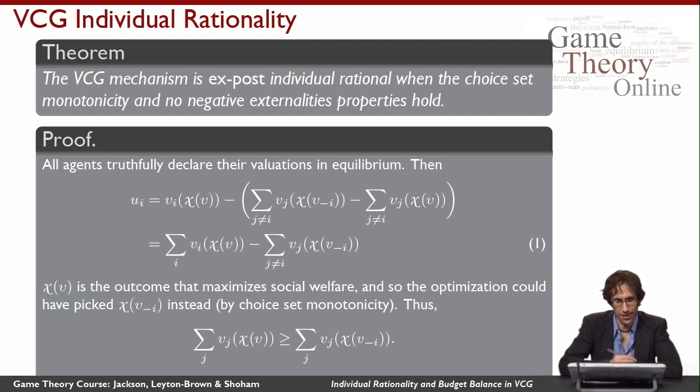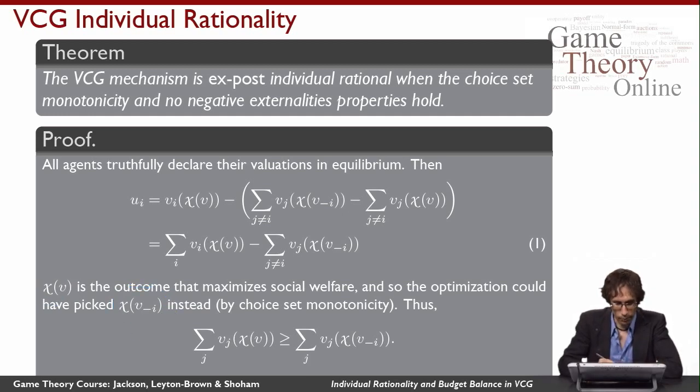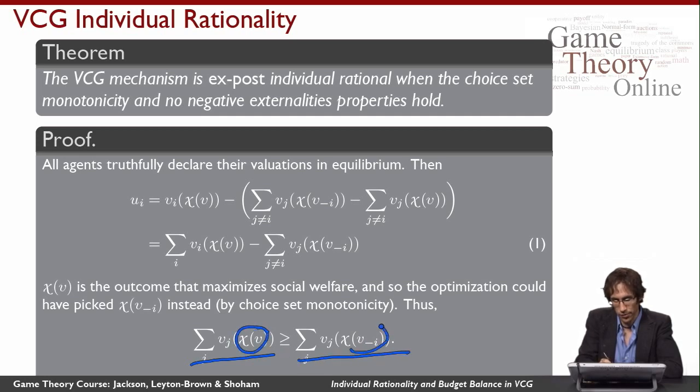And so what that means is there must have been at least as much social welfare arising under this choice as under this choice. If not, the optimization would have just picked this one. And so, writing that as an equation, the sum of agents' values for this choice is at least as big as the sum of agents' values for this choice.